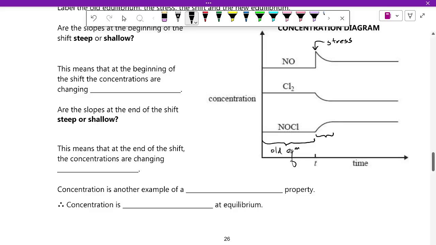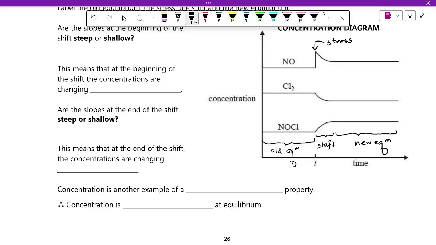Are you guys good with the old equilibrium, stress, shift, and new equilibrium?